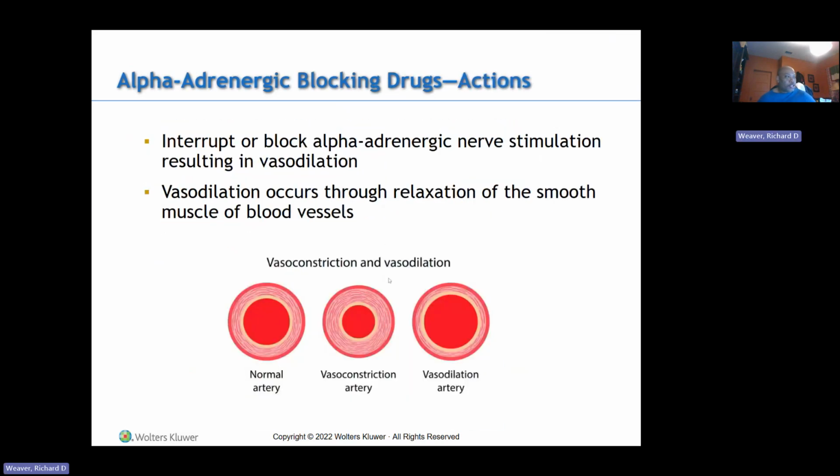Oh, and as you can see here, this is the normal diameter. When I'm talking about diameter of the artery, how large that circle is. And then, of course, this is the normal lumen. We say lumen or size of the artery. This is a normal size. This is when this muscle part that has the receptors is stimulated by the epi, they contract, as you can see here.